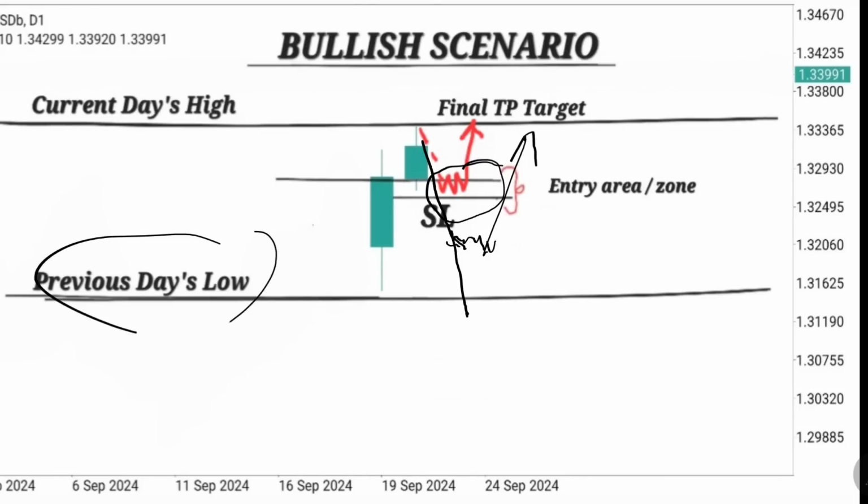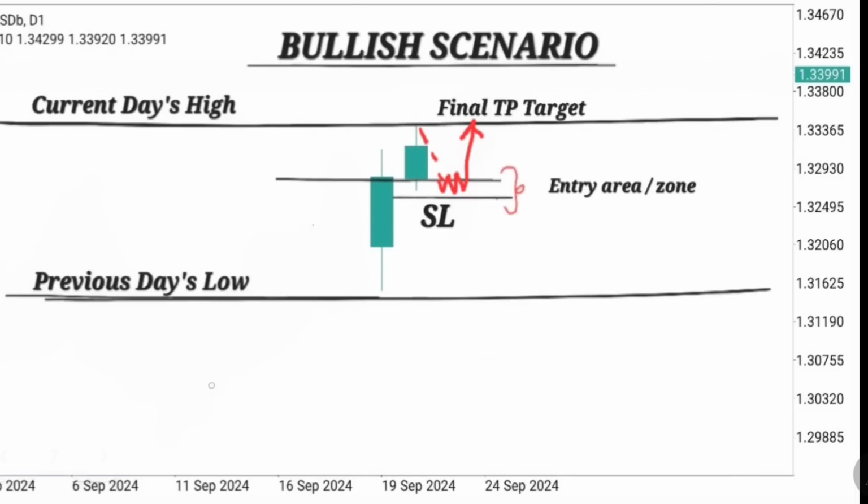The reason is because once this low is broken, the market can retest this low and continue to sell instead of buying. For me, I would prefer you enter here. This has a higher probability: enter at the intersection of the current day's candle wick and the previous day's candle close.